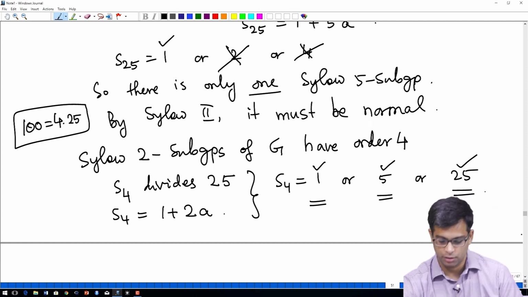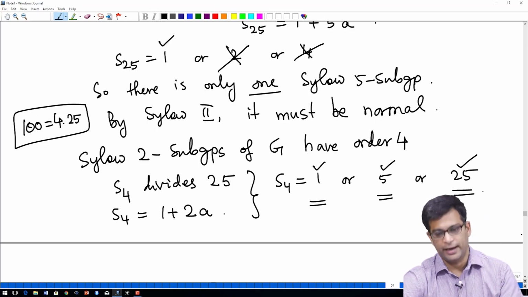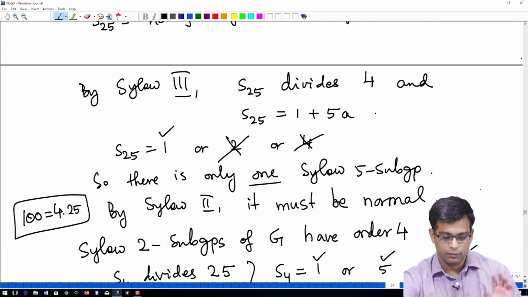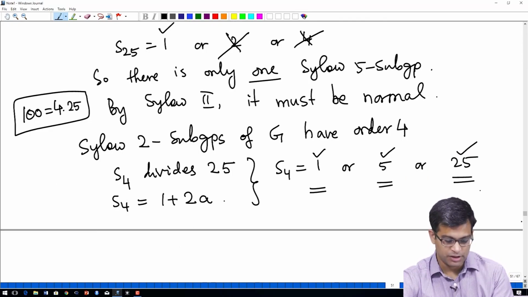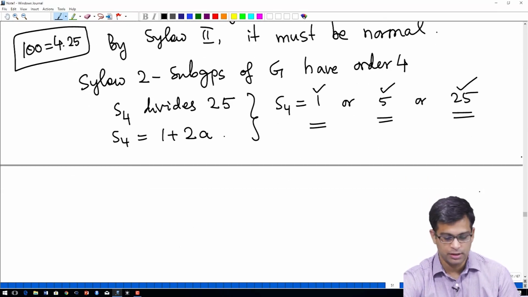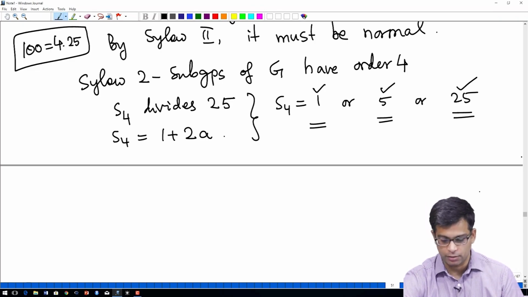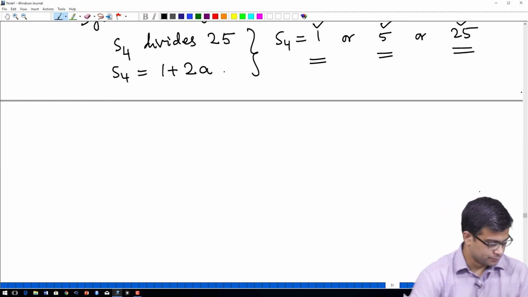We don't know which one actually happens. So this tells you both the strength and the limitation of Sylow theorems. For Sylow 5 subgroups here, we conclude 1 is the only option and it must be normal. But for Sylow 2 subgroups, there are 3 possibilities, and the Sylow theorems themselves don't tell us how to eliminate any of them.